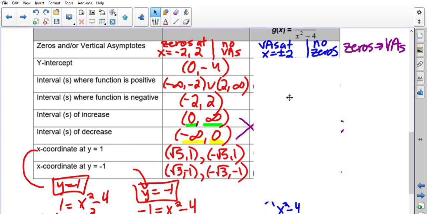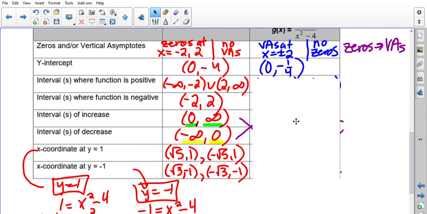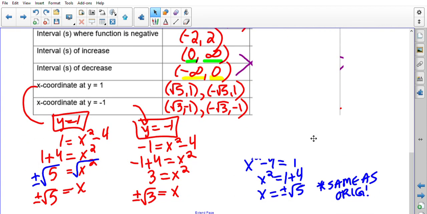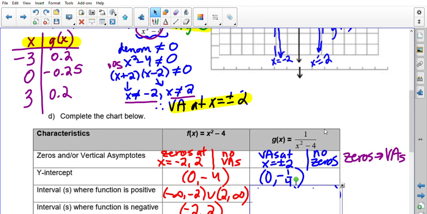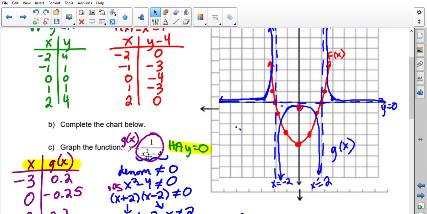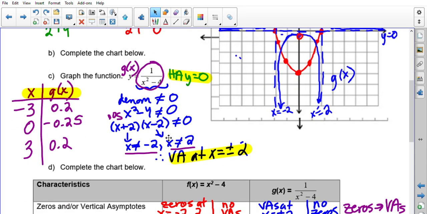The y-intercept. So the y-intercept is -1/4. Again, you can find that by subbing 0 into this equation.